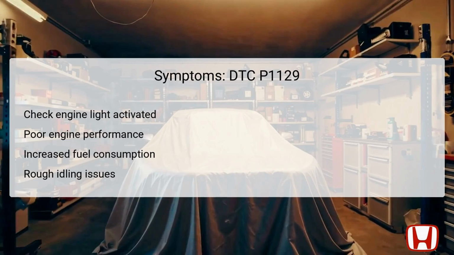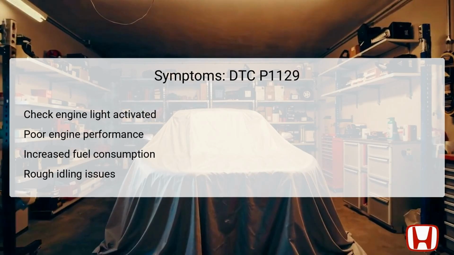The symptoms associated with DTC P1129 typically involve activation of the check engine light, indicating that the vehicle's onboard diagnostics have detected an anomaly. Drivers may also experience poor engine performance, characterized by sluggish acceleration and reduced power.